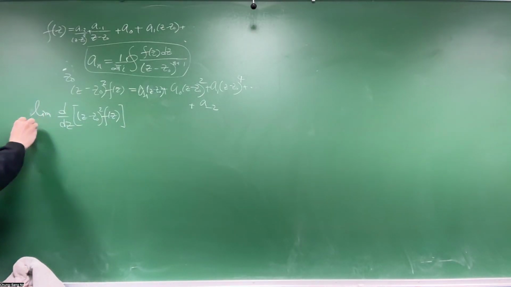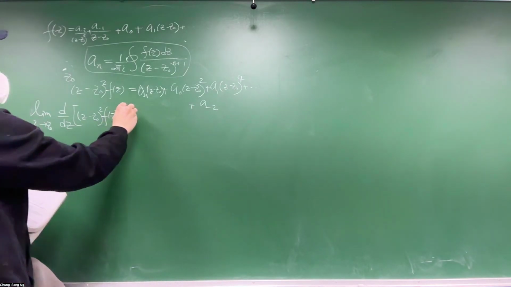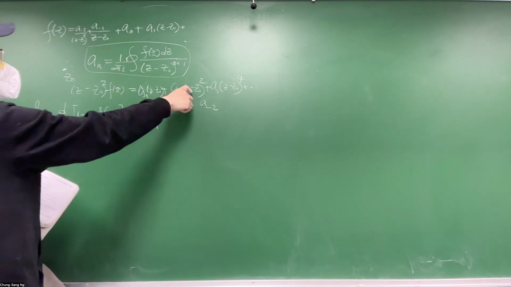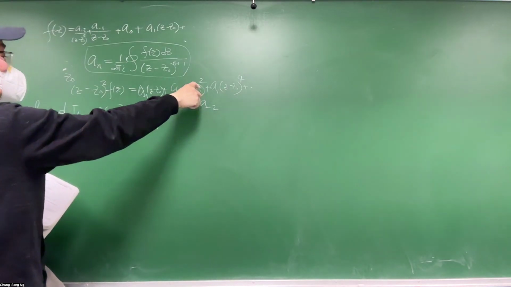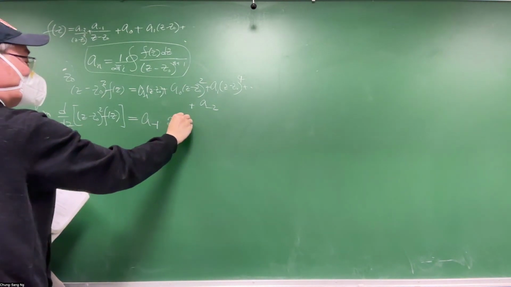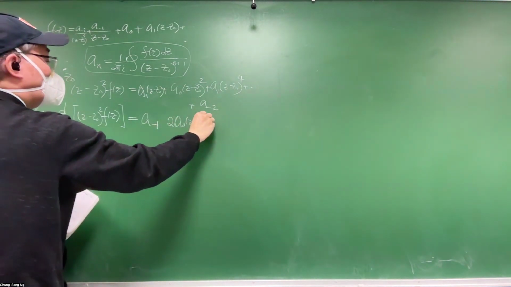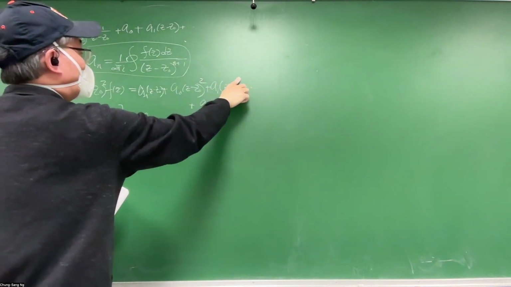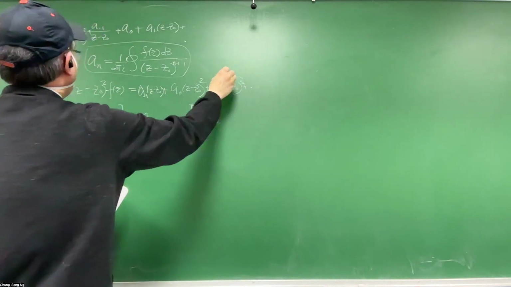Again, take the limit. And the derivative, get rid of this term, you get a minus 1. And the other is 2 times a sub 0, b minus c sub 0 plus, or this should be 3.